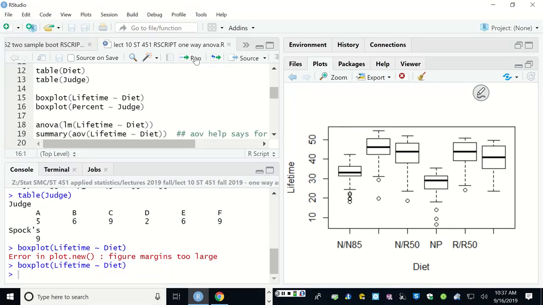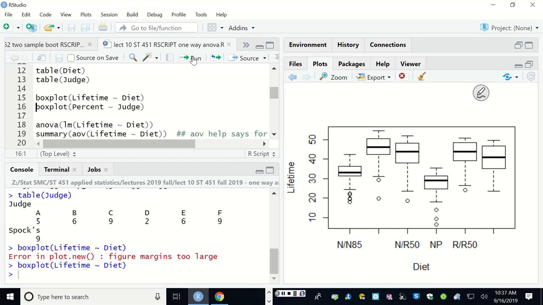Do any of these diets look different than the others? It looks like a couple are lower than this other group. So not only do we want to confirm by testing that there is a difference, which it looks like there's going to be, but then we're going to go on and say which ones are different and how much different. There are also some outliers, so equal variances and normality you may want to think about.